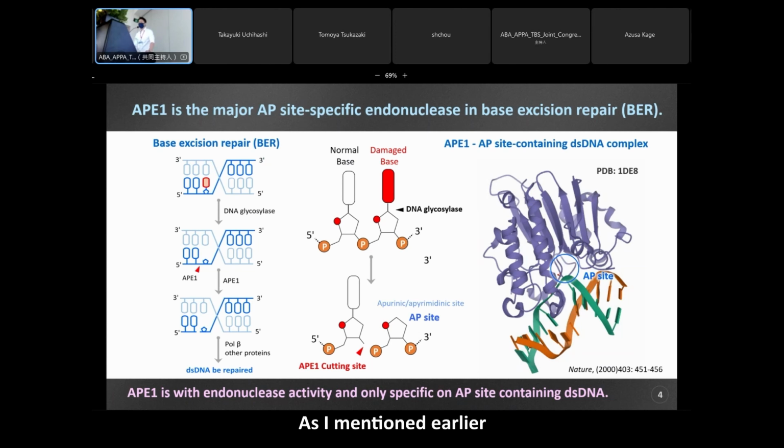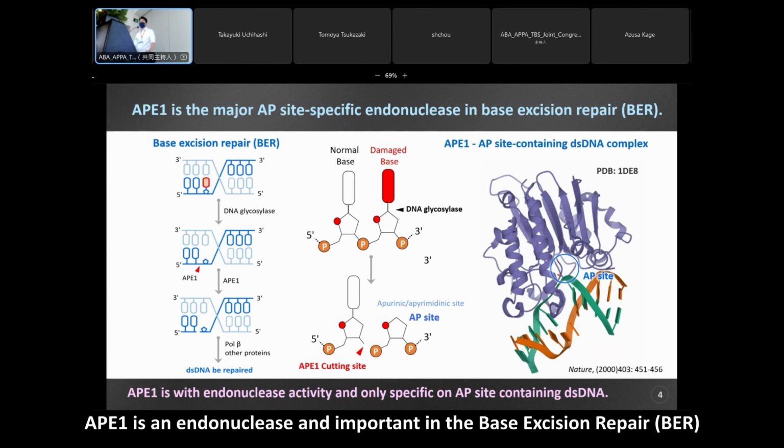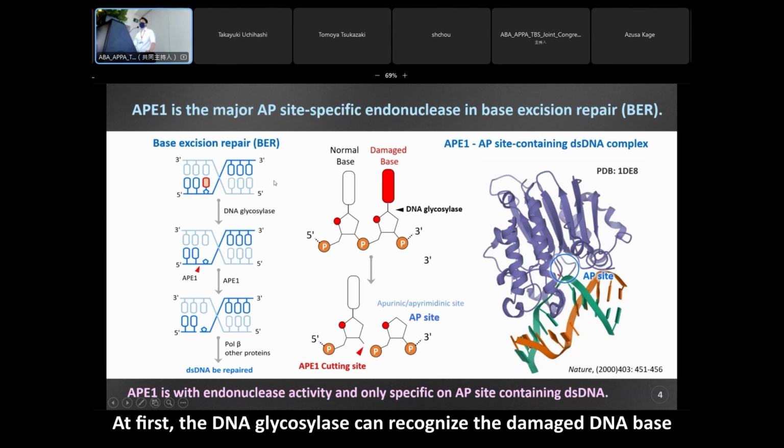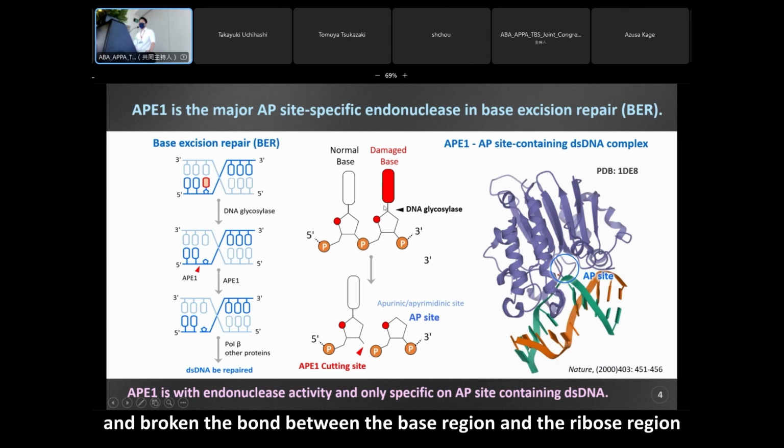As I mentioned earlier, APE1 is an endonuclease and important in base excision repair. BER is a DNA repair pathway to correct individual oxidative DNA damage. At first, the DNA glycosylase can recognize the damaged DNA base and break the bond between the base region and the ribose region.